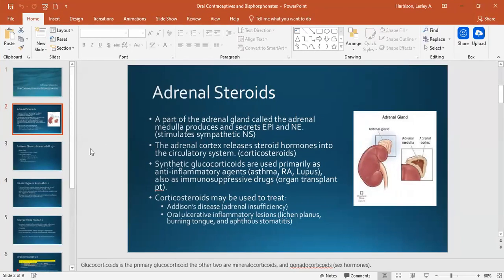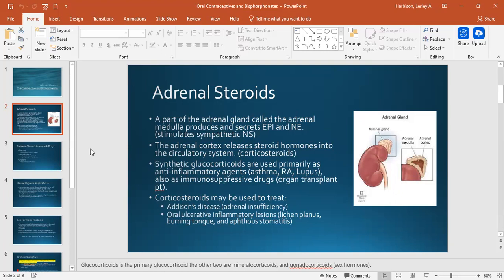Okay, so we have a couple of different medications here. We have adrenal steroids. Part of the adrenal gland, called the adrenal medulla, produces and secretes epinephrine and norepinephrine, which stimulate your sympathetic nervous system. The adrenal cortex releases steroid hormones into the circulatory system, or corticosteroids, and the synthetic glucocorticoids are used primarily as anti-inflammatory agents in asthma, rheumatoid arthritis, and lupus.